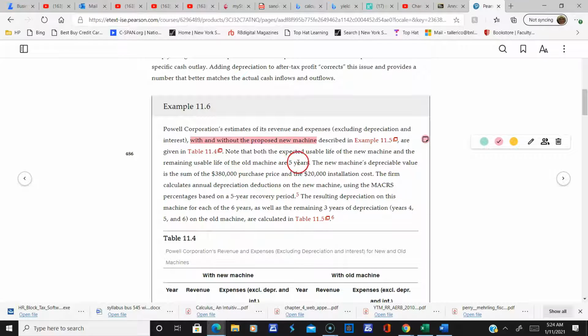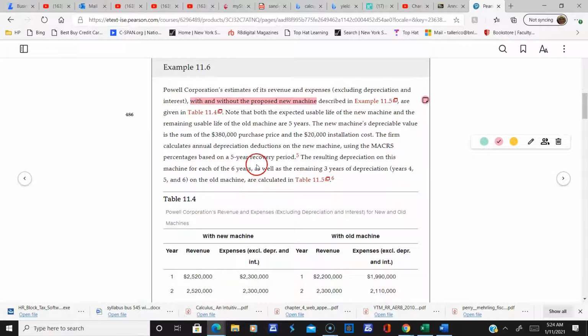The usable life of the new machine and the remaining usable life of the old machine are 5 years. The new machine's depreciable value is the sum of $380,000 plus $20,000 installed costs, and they're going to use the MACRS 5-year depreciation schedule. MACRS stands for Modified Accelerated Cost Recovery System.